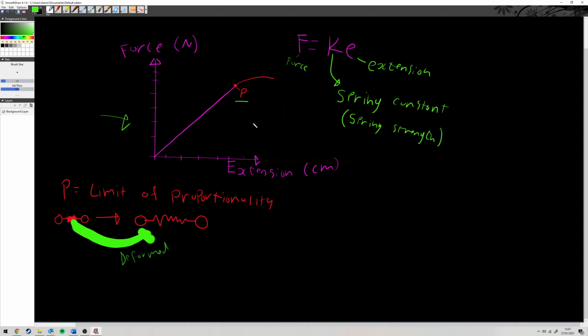When we get back into school, we'll practice a bit more of plotting the graph, taking the results, and stuff like that. But as long as you know this experiment and it kind of jogs your memory a little bit, as long as you know this equation, which is quite important, and maybe we should focus on remembering one thing, and that is if the graph looks like this, you've gone past your limit of proportionality.